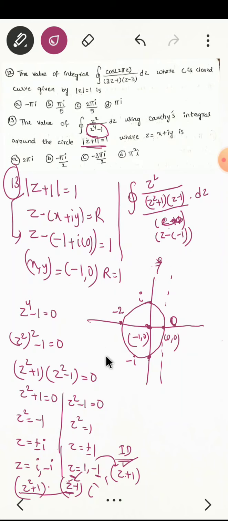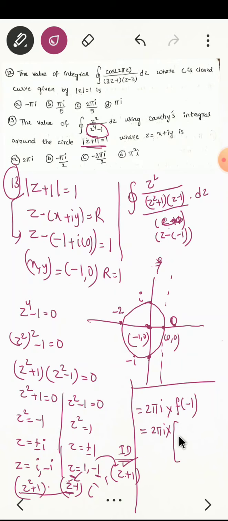2 pi i into f of a, f of minus 1. f of minus 1 is how much? Minus 1 whole square is 1, and in this function you substitute z equal to minus 1: minus 1 whole square is 1 plus 1, 2, into minus 1 is minus 2.